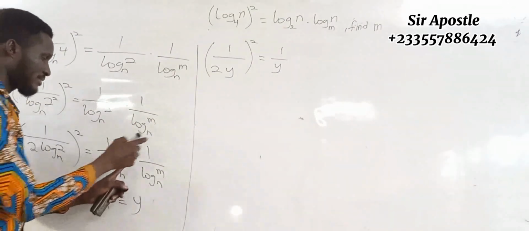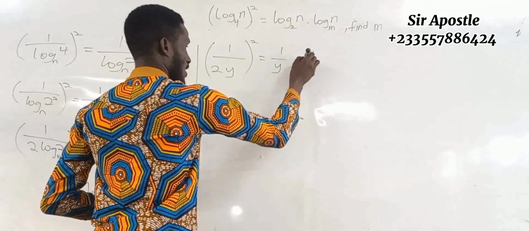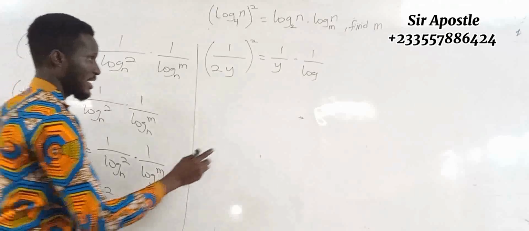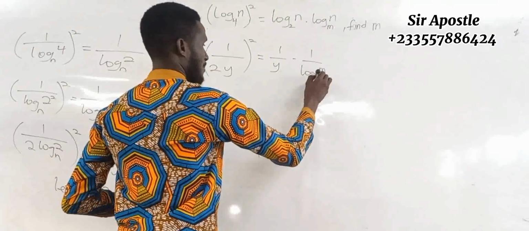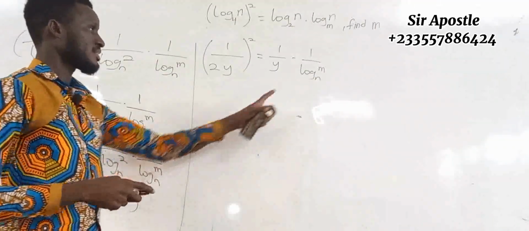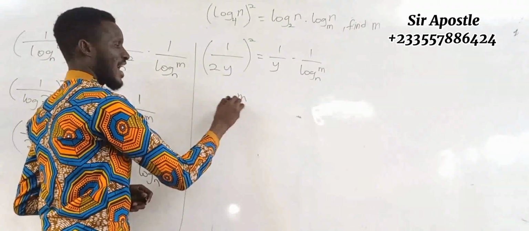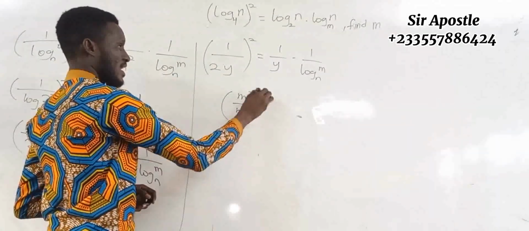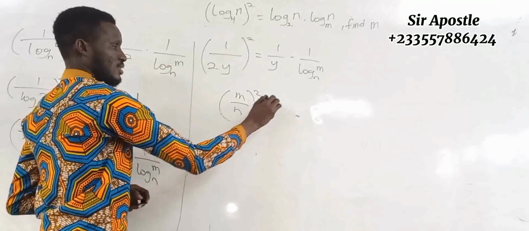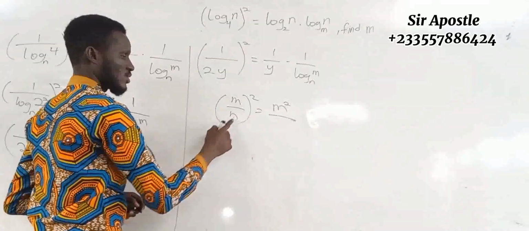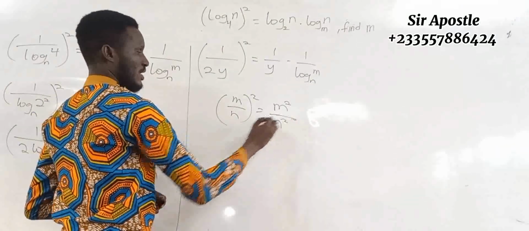Now multiplying 1 over log m base n, so we have log m base n. We can't change this one. Now at this point, let's apply our indices. If I have (m over n) all squared, the square affects the numerator, which is m squared, and the square affects the denominator, which is n squared.